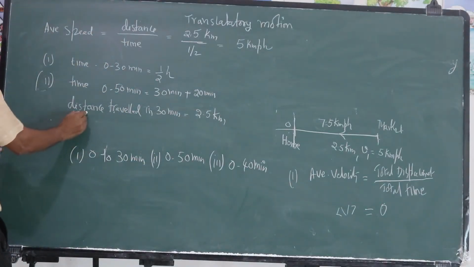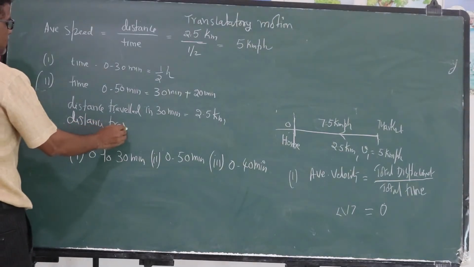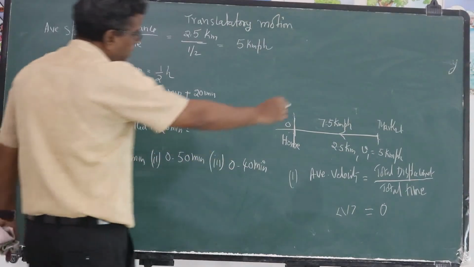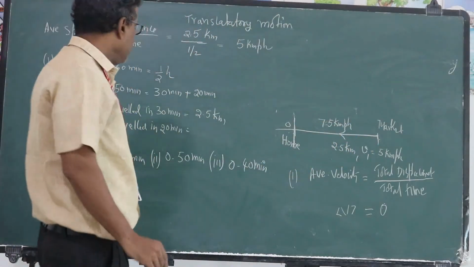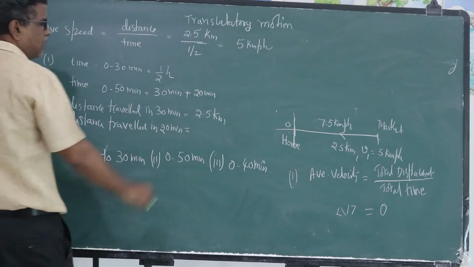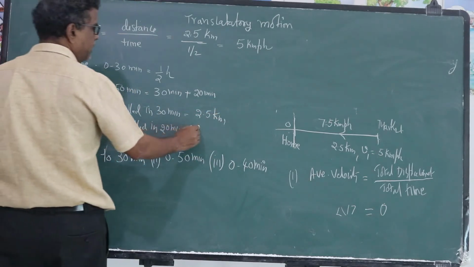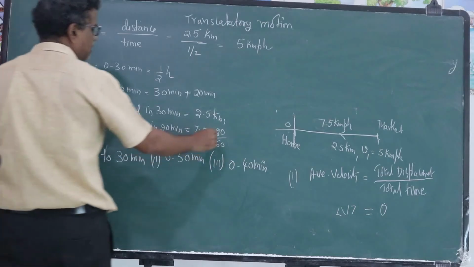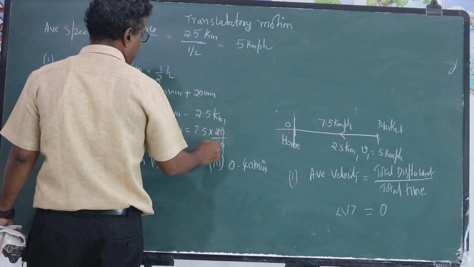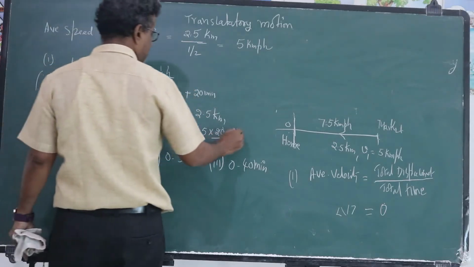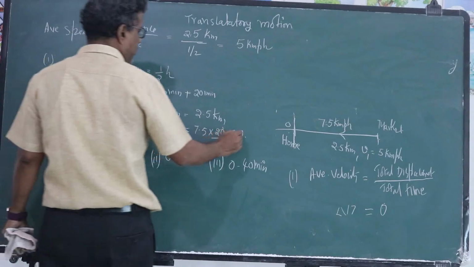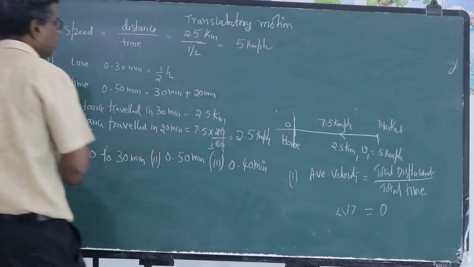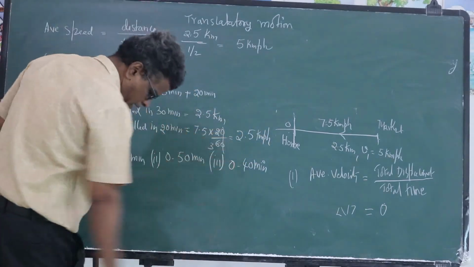Distance traveled in 20 minutes: after half an hour he returned back, but the speed changes to 7.5 kilometers per hour. Distance is speed into time, 7.5 into 20 by 60 hours, which gives 2.5 kilometers. So the average speed is 2.5 kilometers per hour.